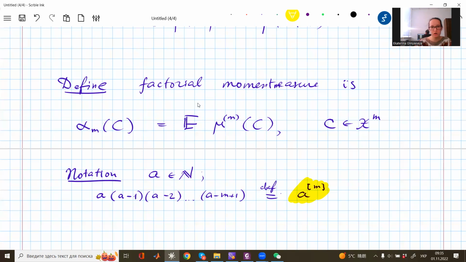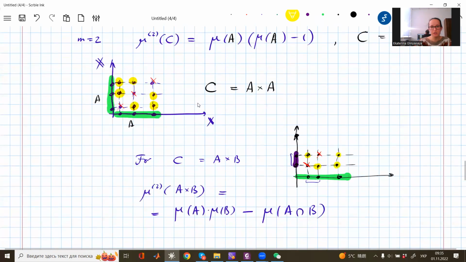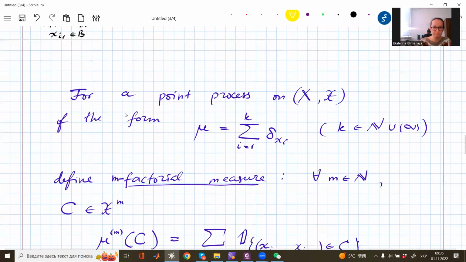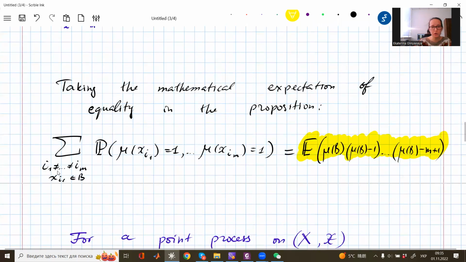This is because sometimes it's not so good to consider the diagonal. So here, when we consider this sum with non-equal points, we saw that such probabilities describe the distribution of the point process on Z. But here we assume that indices are not equal.